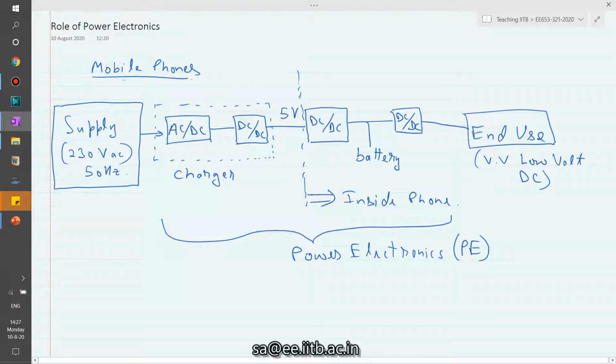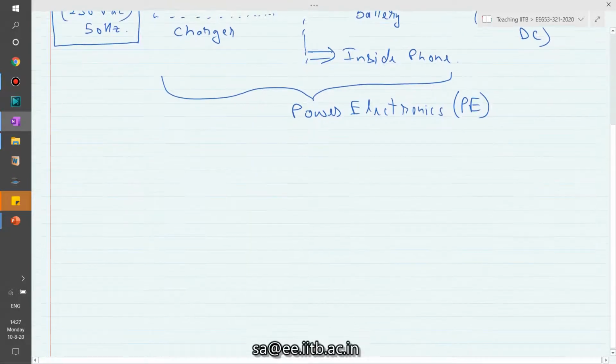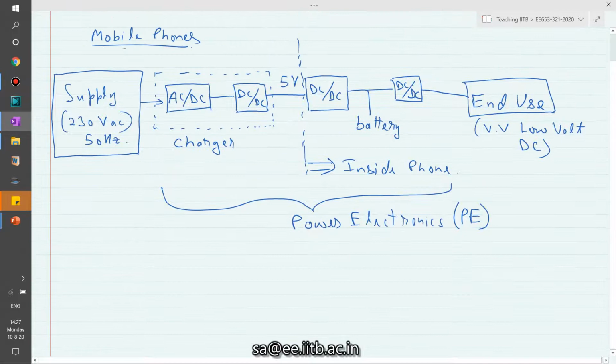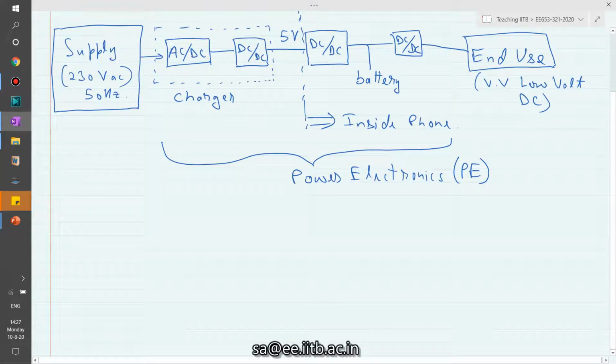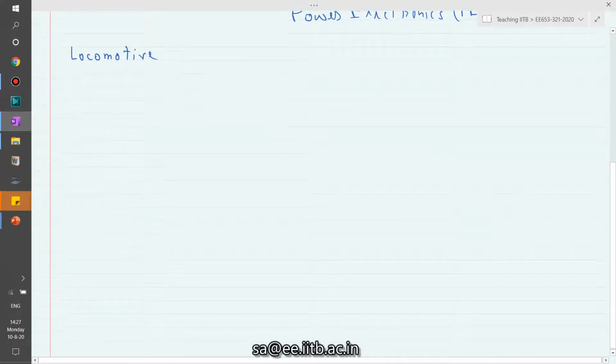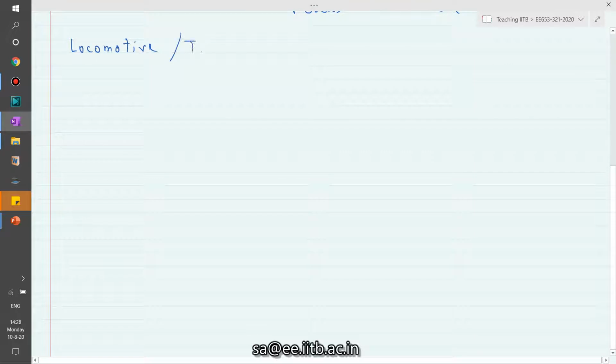Okay, let's take maybe some other example now. Let's move to a little bit higher power load. Let's take the example of a locomotive, or a train.